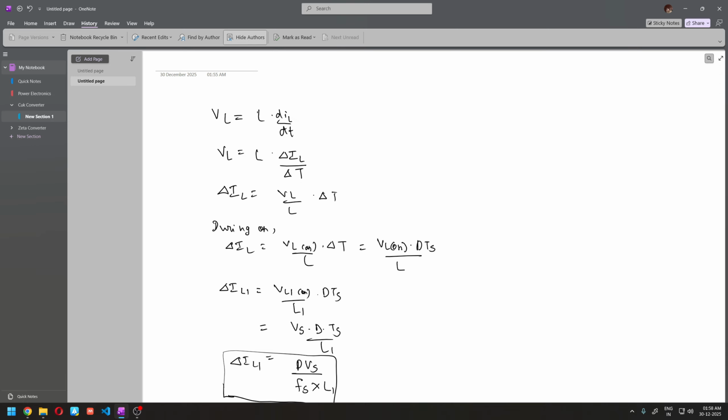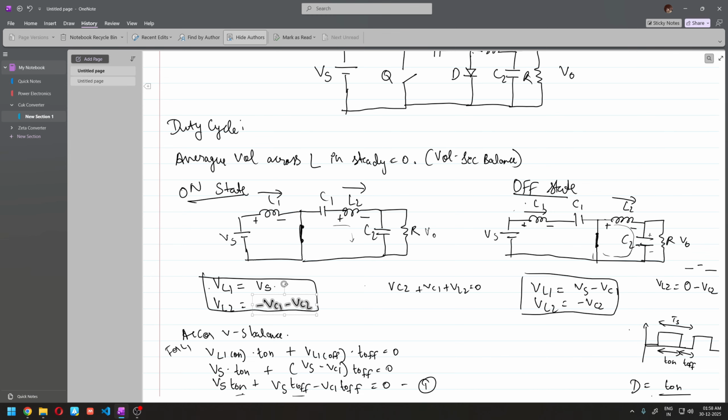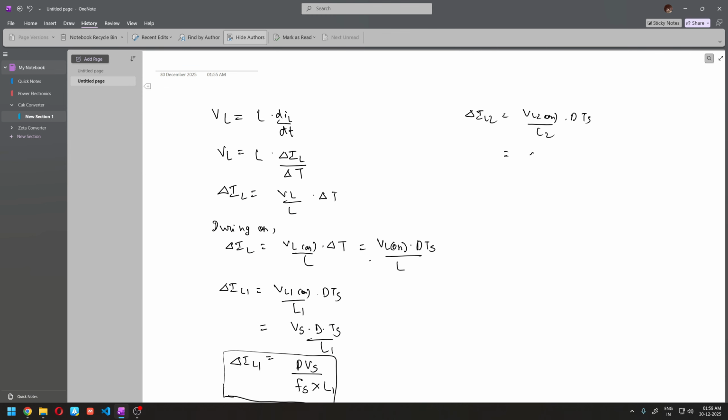Now for the second inductor, let's go back and reuse this equation. So we have delta IL2. Now let's go back and check what the equation was, and it is minus Vc1 minus Vc2. Let's write that to dTs, or what we could do is just write this separately, VL2 on. So let's do that.